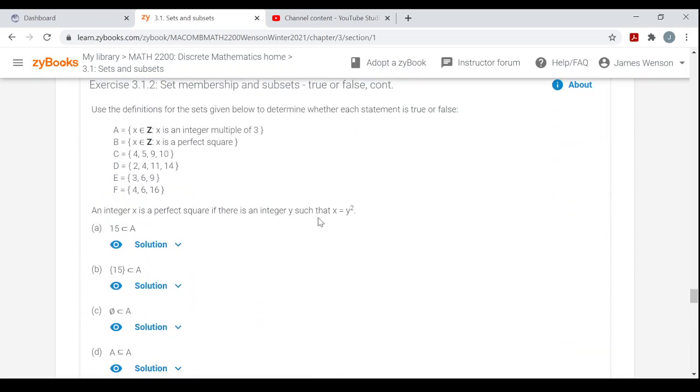I still recommend doing all of them, just for extra practice and to get used to the notation and the symbolism and the vocabulary. You can also see the solutions if you wish. Please try to do the problems and work on them before you look at the solutions and see how you did, because you're not going to learn anything if you just look at the solutions and copy those down.